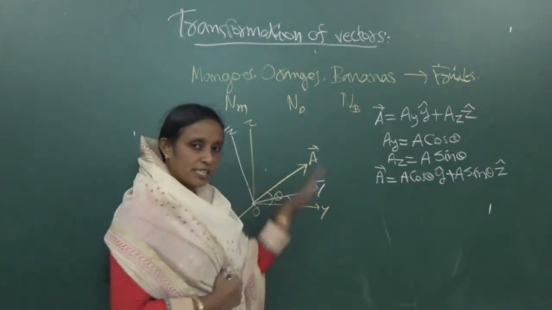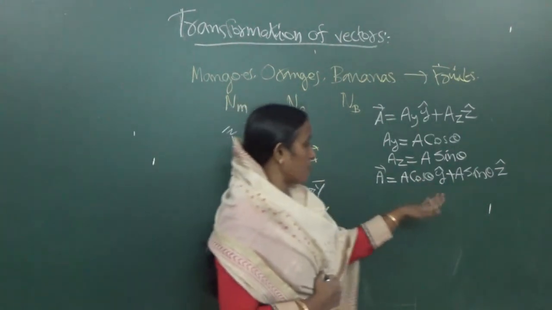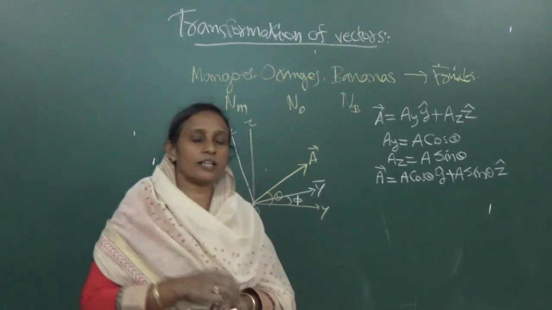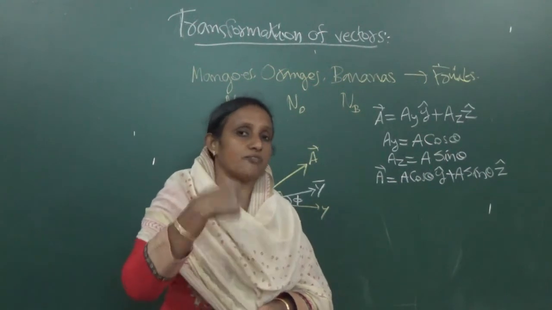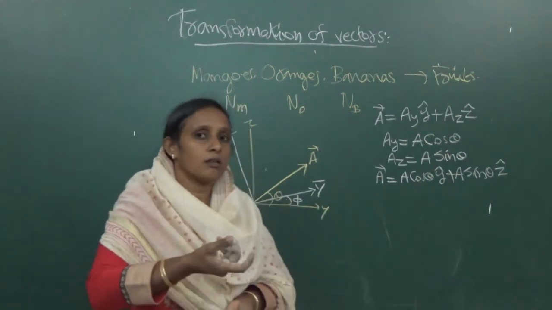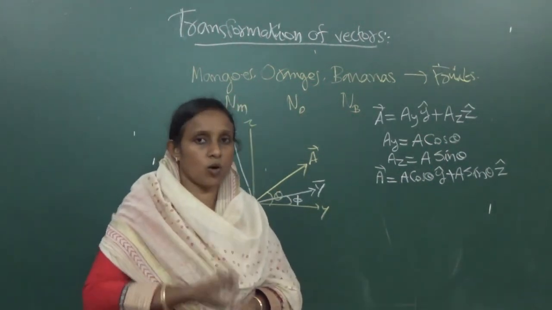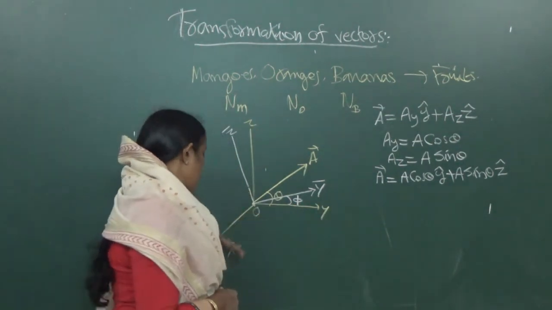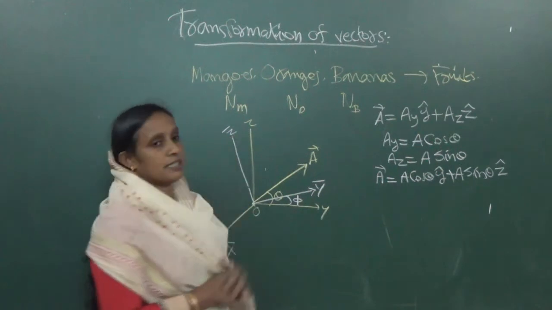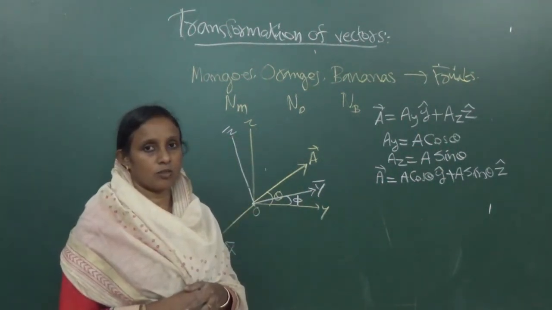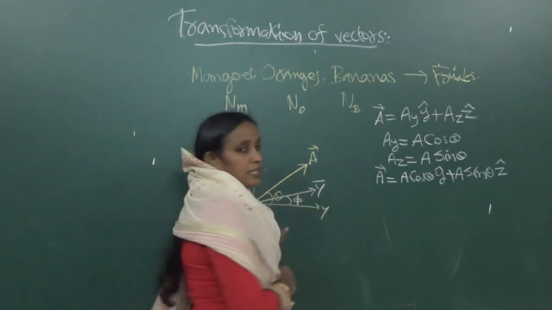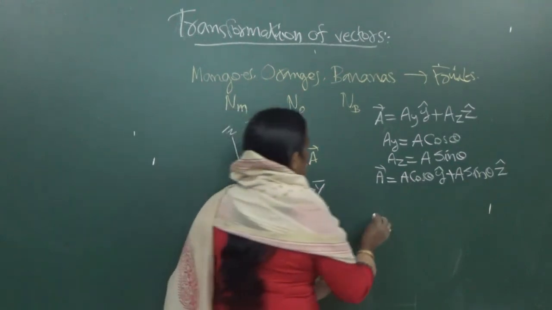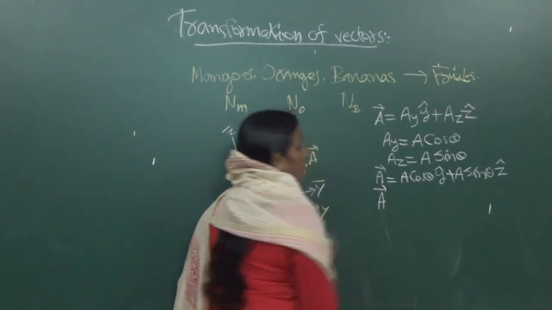Initially we have the xyz coordinate system, and we represent the vector like this. Now I change the coordinate system, just change the frame by rotating through angle phi counterclockwise about the x-axis. The new frame is x bar, y bar and z bar. So I want to write this vector A in this new coordinate system.